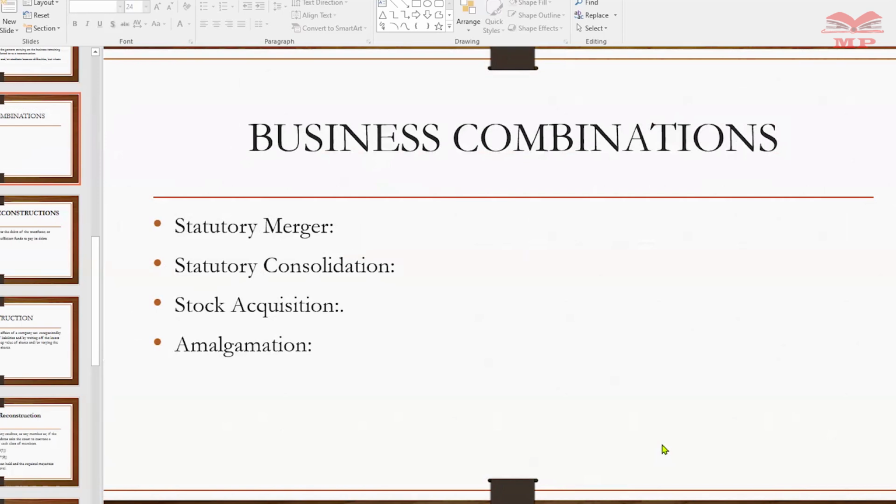One entirely stops existing, while the one that acquired remains. We had Company A and Company B. Company B remains, Company A is wound up so that Company B is retained. Statutory is under the law.